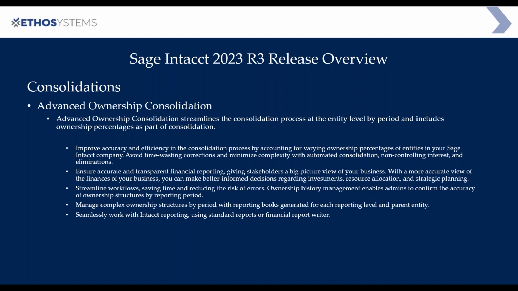So this is very helpful to those of you doing consolidations on multiple entities with various ownership percentages. If you would like to learn more about this, please let us know and we'd be happy to help you with this functionality within Sage Intacct.